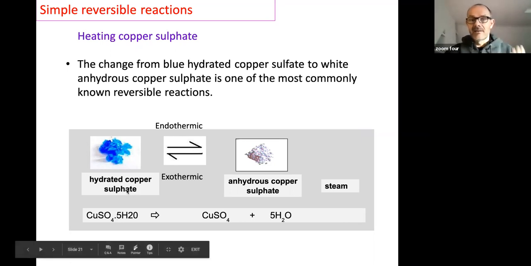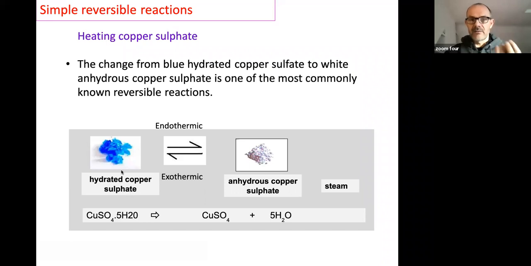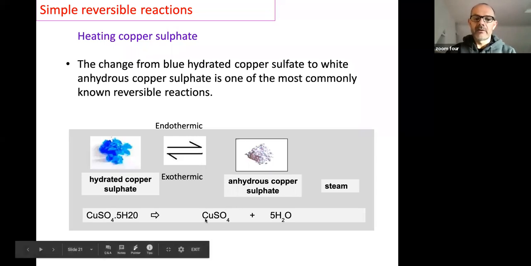If you heat hydrated copper sulfate, actually really warm it up, instead of letting it dry in that bowl like you did, you actually heat it on a Bunsen burner, it turns into a white powder, which is anhydrous copper sulfate. So what happens is copper sulfate, pure copper sulfate, is actually just white powder. And so you get steam coming off it. You have to heat it to do that.